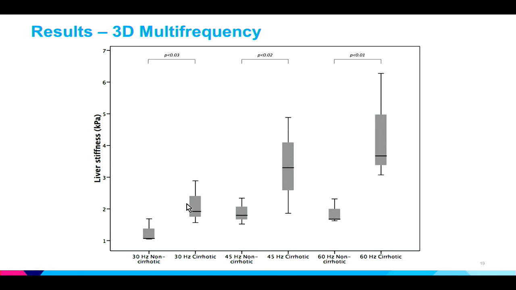But if we were to extend this frequency range, say from 10 to 100, it'd be interesting to see where we hit the peak, where we begin to stabilize. And it could be another parameter that we could use that may be beneficial in the clinic to characterize fibrosis and stage fibrosis. Of course, it does have the drawback that every additional frequency you add doubles the scan time, and we know long scan times aren't that great in the clinic.